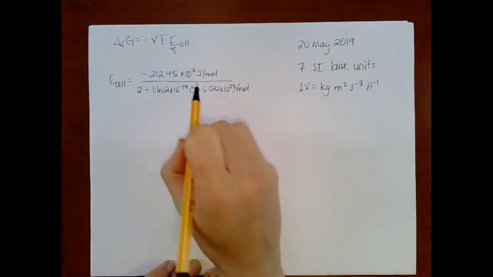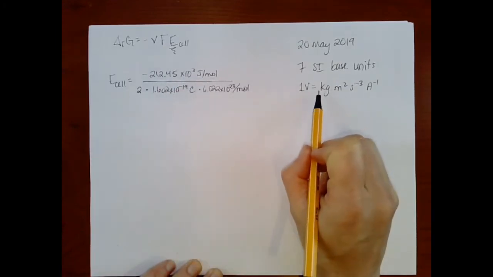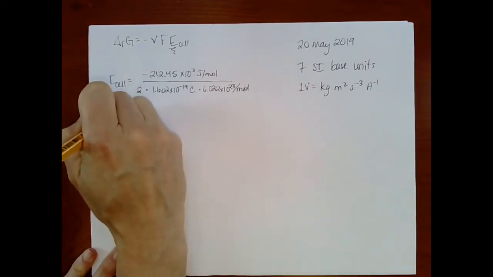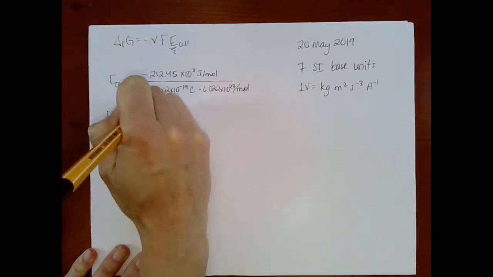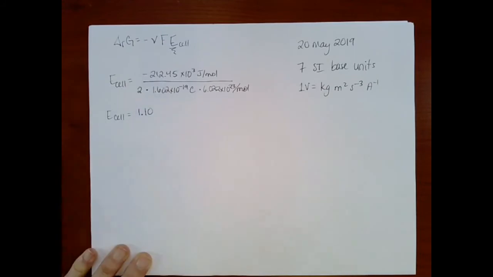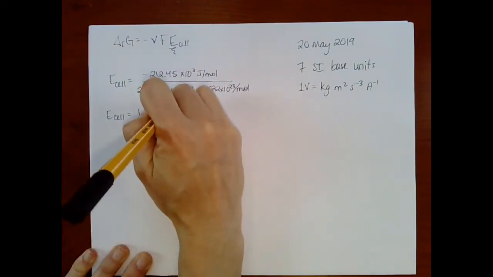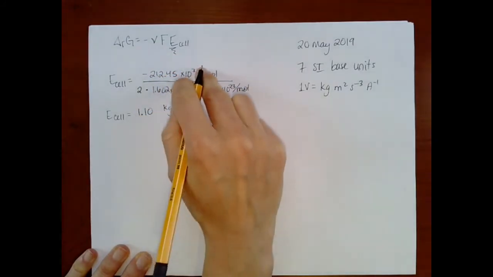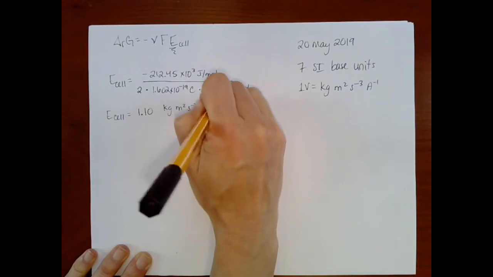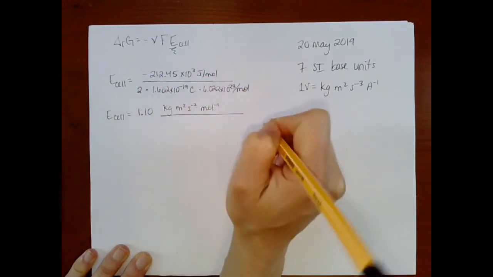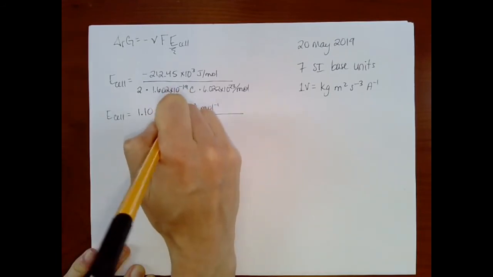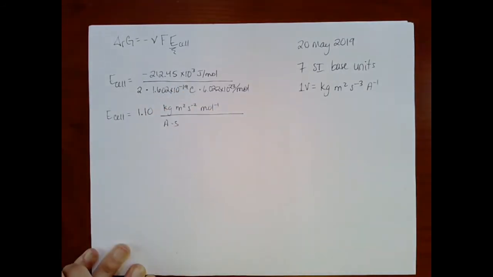So let's take these units and break them apart into the SI base units. The value I'm going to get here if I churn all those numbers is 1.10, but then thinking about just the units on the top, I get kilograms meters squared per second squared. This is from joules per mole. A coulomb in SI base units is an amp second.